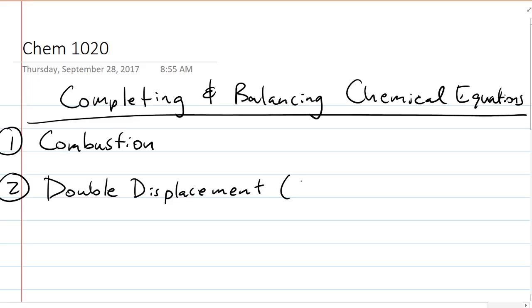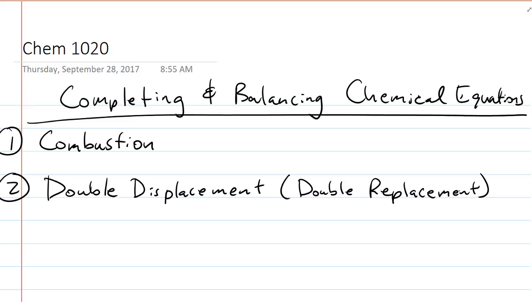Double displacement is often called double replacement reactions. They're the same things. I think if you go into lab, we call them double replacement reactions in lab. So these are the 2 types you are responsible for completing and balancing. There's other types, but you're not going to be responsible for completing those equations.